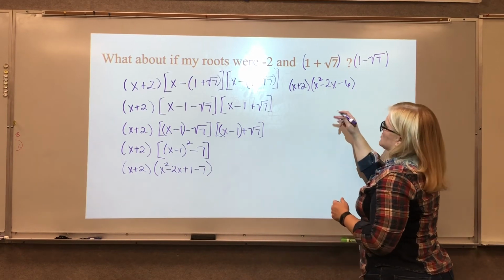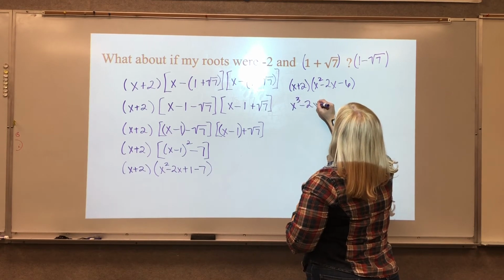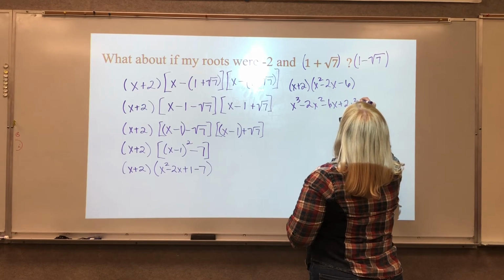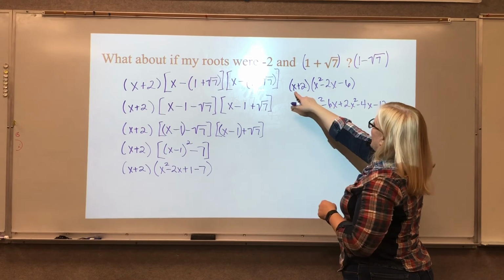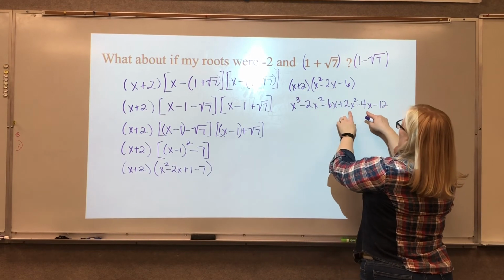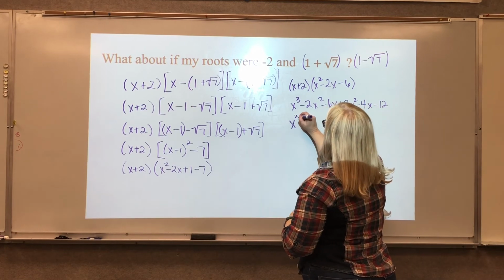And now I multiply. So x times x squared, x cubed, minus 2x squared, minus 6x, plus 2x squared, minus 4x, minus 12. So I distributed the x to get these three. I distributed the 2 to get these three. And now I combine like terms. So I've got x cubed.